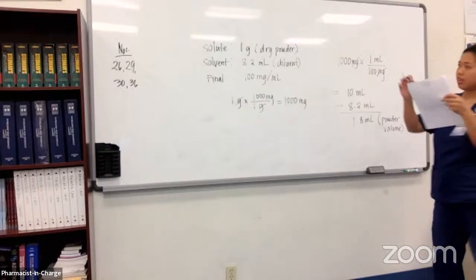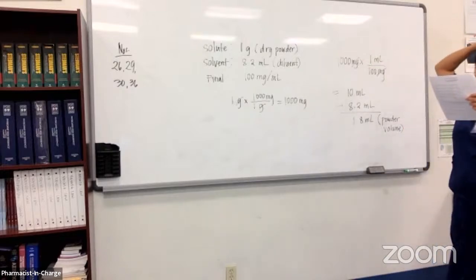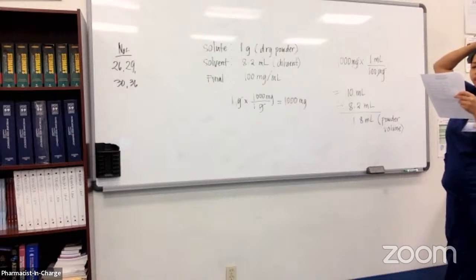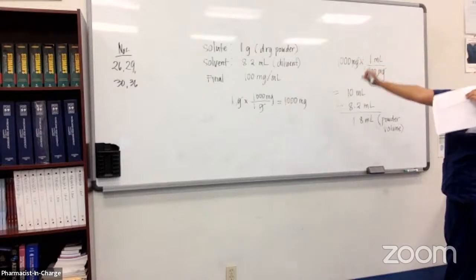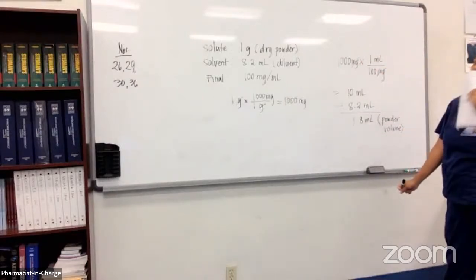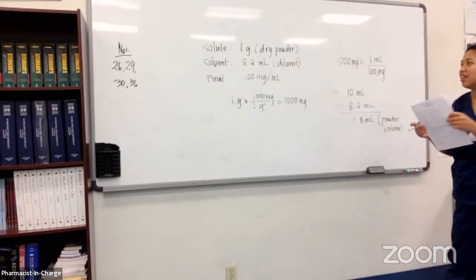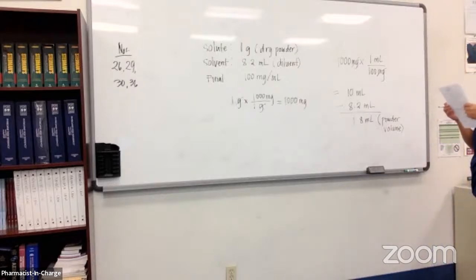I labeled all the numbers that are given. The dry powder has 1 gram. That is the strength. And then the diluent, or the sterile water that you put into the vial, would be 8.2 milliliters.